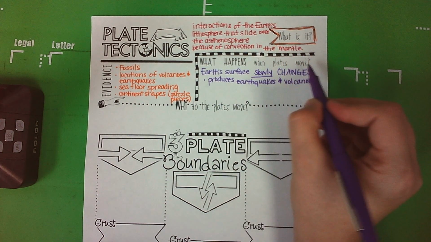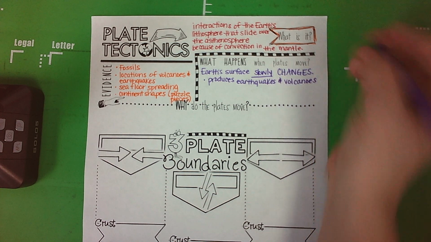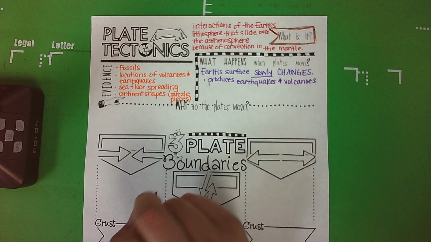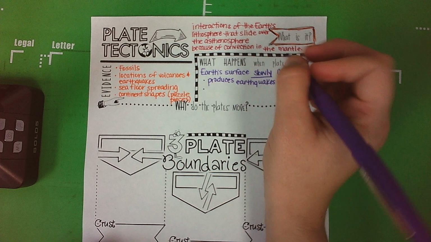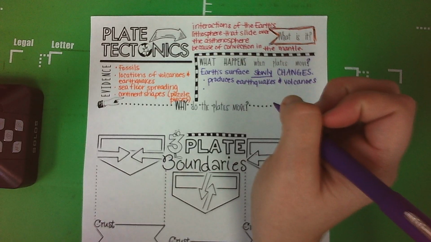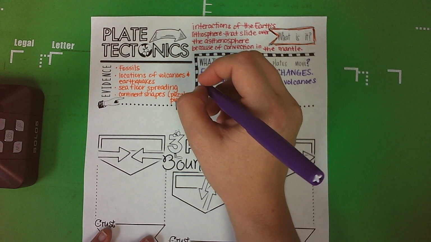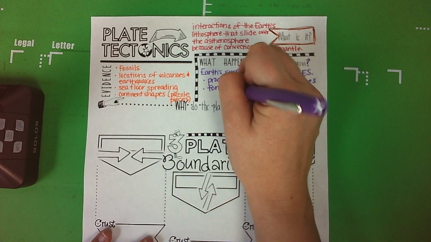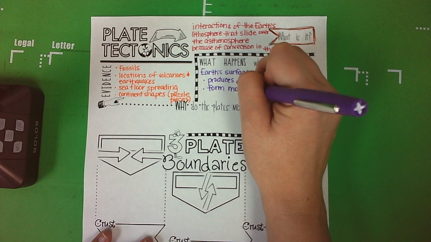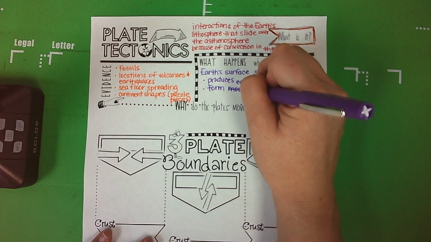So again, we're looking at what happens when plates move. Alright, so this is the question that we're looking at. So Earth's surface, what we live on, is changing slowly. When that's happening, we're producing earthquakes. We form mountains. Or not we, I'm sorry. And Miss Myra can't spell.